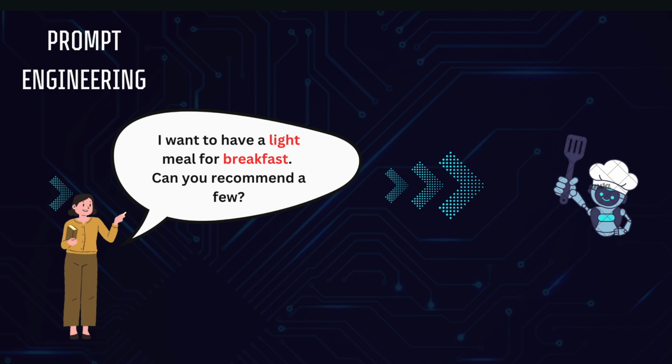Now let us understand what is meant by that. When you say you want to have a meal, the bot does not know what time it is. The bot does not know how old you are, what you like, and things like that. So here I have tried to explain that I want a light meal for breakfast. These are a few keywords that you can include in your prompt so that the AI understands your prompt better and produces an optimal output. So this is prompt engineering.